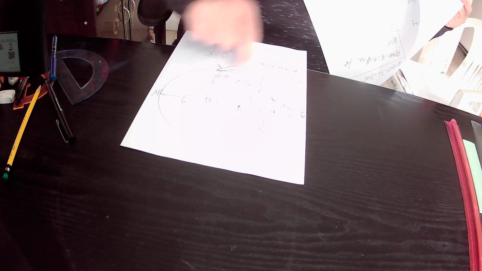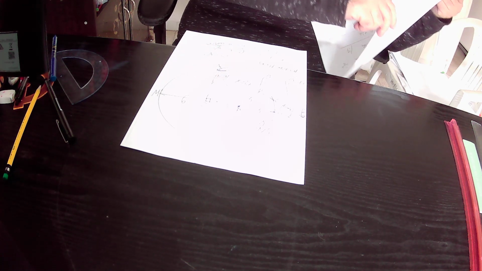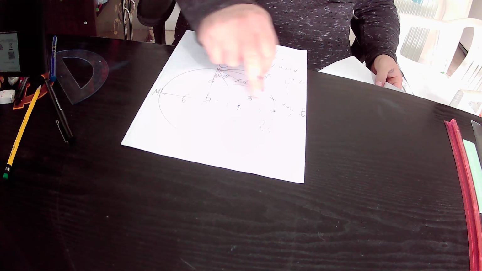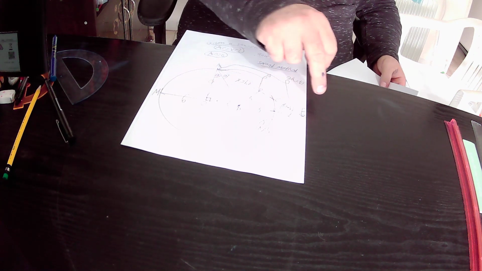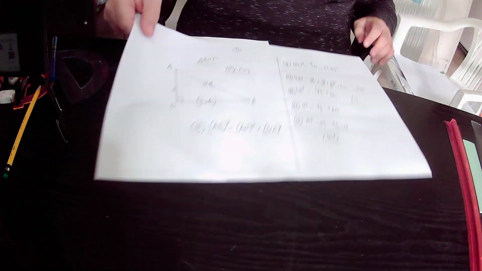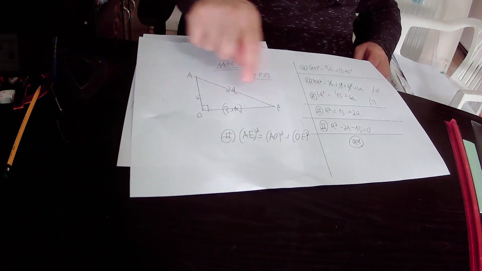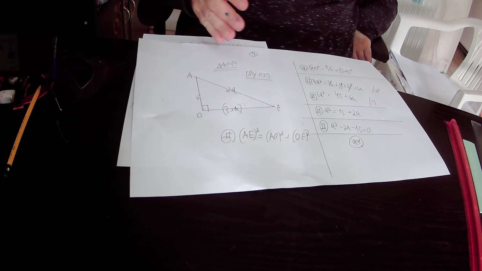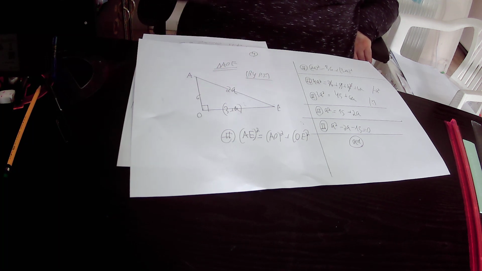OP equals 3 units and PE equals A. So in conclusion, OE equals 3 plus A. AO equals 6, this is given in the question. We just found that AE equals 2A.